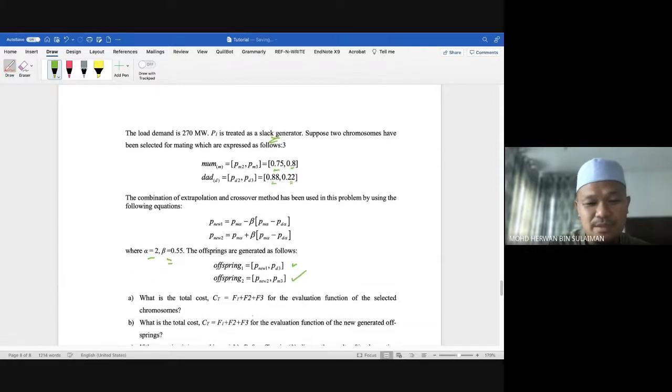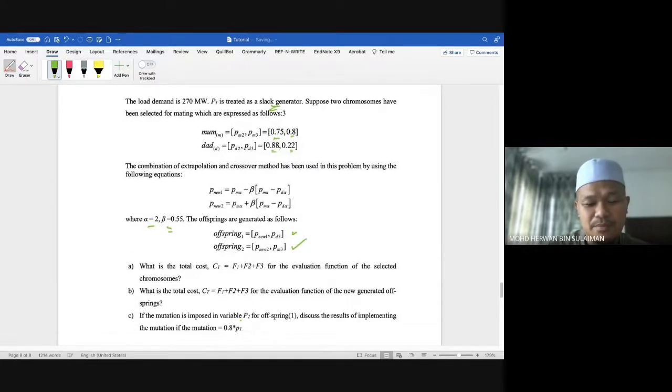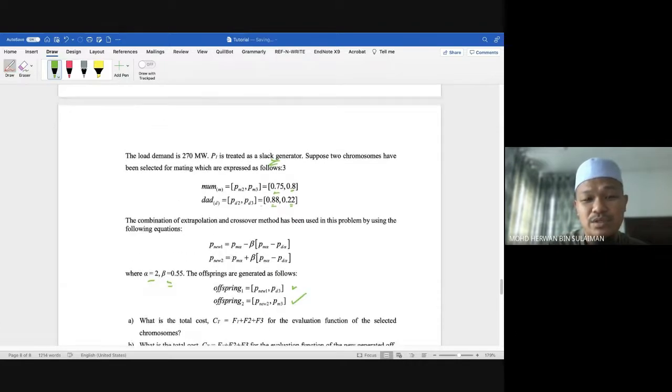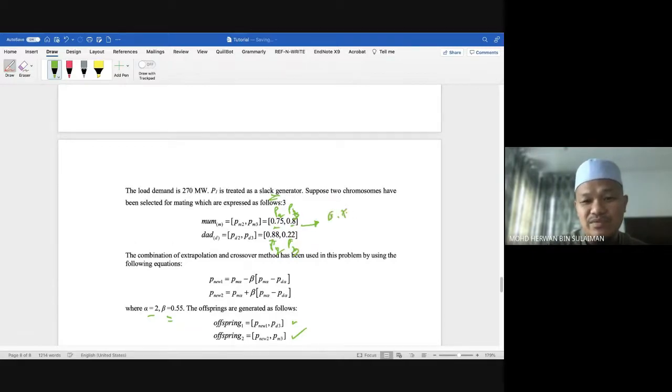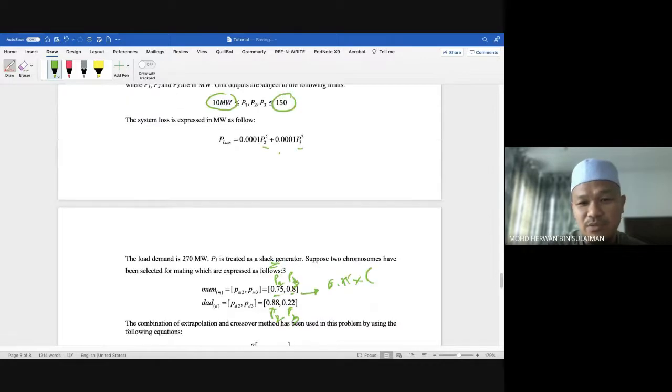Again, it is just a similar problem, but the representation now is in terms of continuous numbers. So we need to evaluate the mom chromosome, P2, P3, because our P1 now is the slack generator. So 0.75 times the maximum value, which is 150.